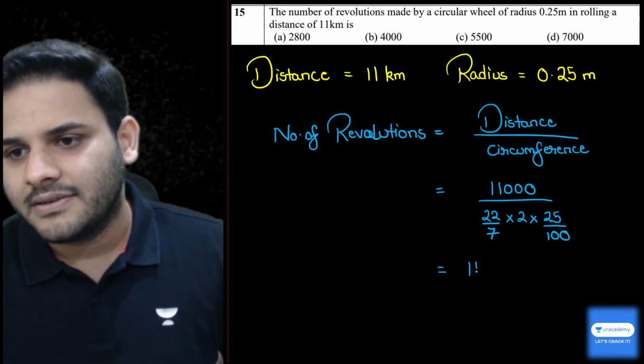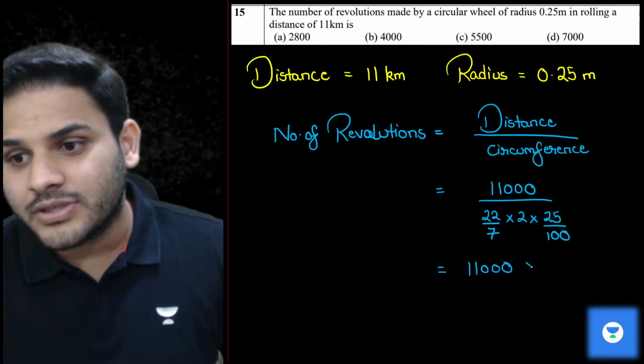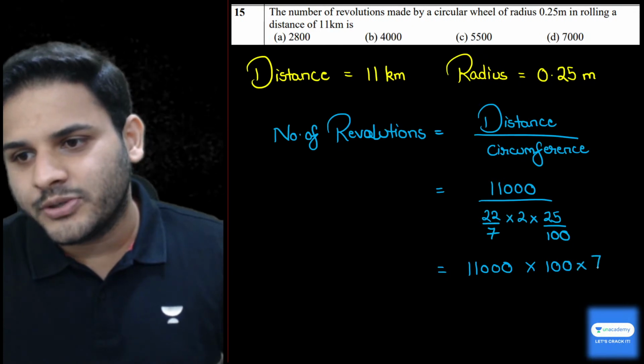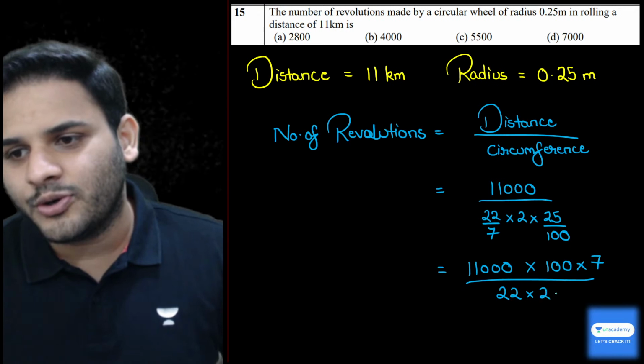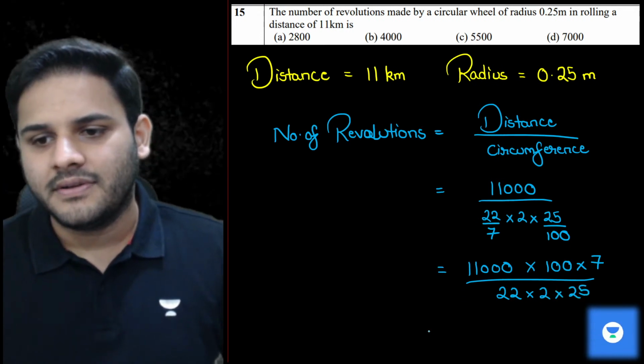Am I correct? 11,000 into 100 into 7, the whole divided by 22 into 2 into 25.